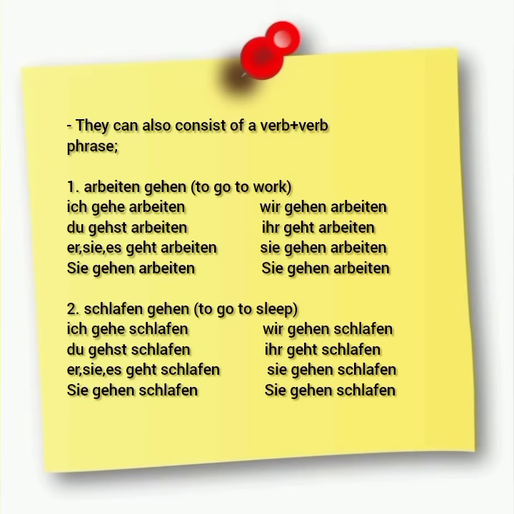Ich gehe arbeiten. Du gehst arbeiten. Es geht arbeiten. Sie gehen arbeiten, as you proceed in that order. Lastly, I'm going to give you schlafen gehen, to go to sleep. Ich gehe schlafen. Du gehst schlafen. Es geht schlafen, as you continue in that order.